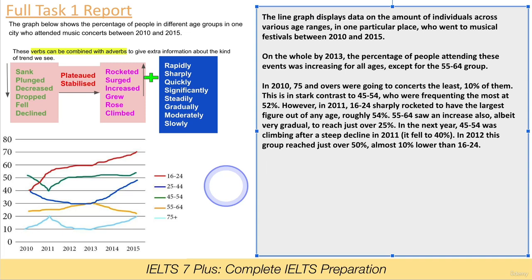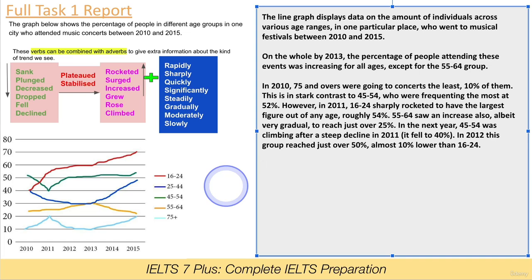In the next year, 45 to 54 was climbing after a steep decline in 2011. It fell to 40%. In 2012, this group reached just over 50%, almost 10% lower than 16 to 24.